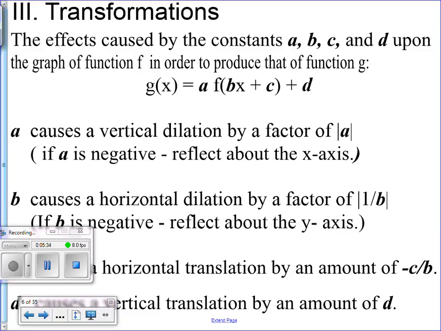I just want to make sure you guys know this. Numbers that are thrown in outside cause vertical changes; the inside numbers cause horizontal changes.